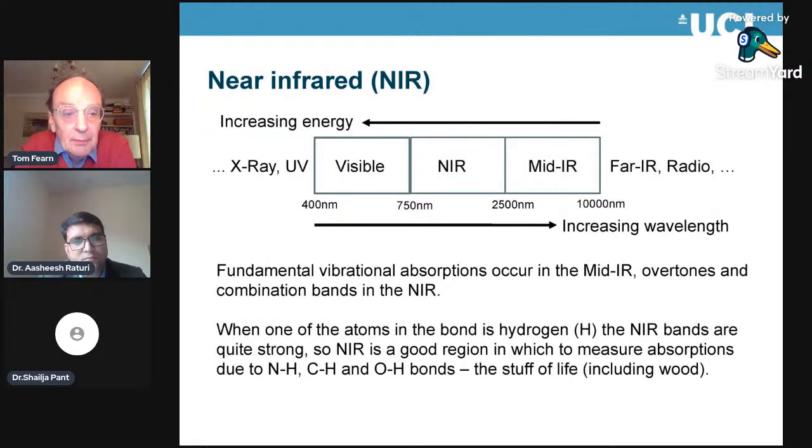Why are we interested in the near infrared as a place to measure things? Well, here's my crude drawing of the electromagnetic spectrum, or at least a little part of it. So it includes lots and lots of different types of electromagnetic radiation. The bit we're most familiar with is the visible bit.